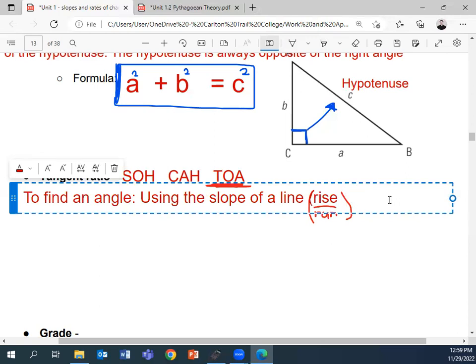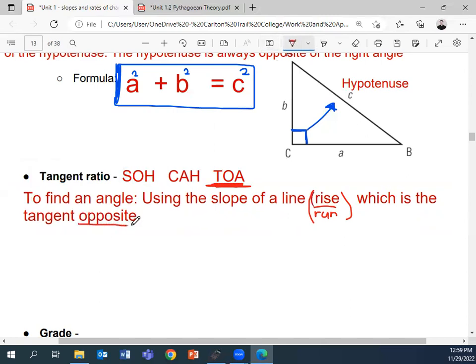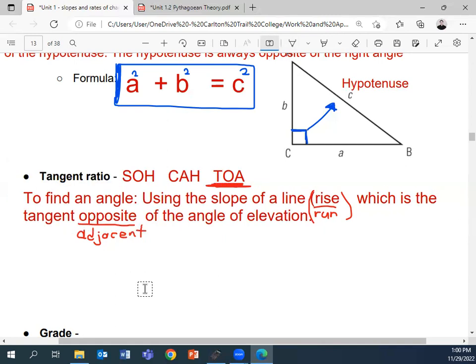So we use the slope, which is rise over run, which is the tangent, opposite over adjacent, which is the opposite over adjacent of the angle of elevation. So let's break that down. I'll let you write it down, and we'll break it down.